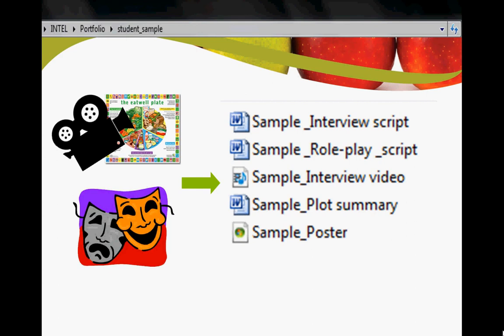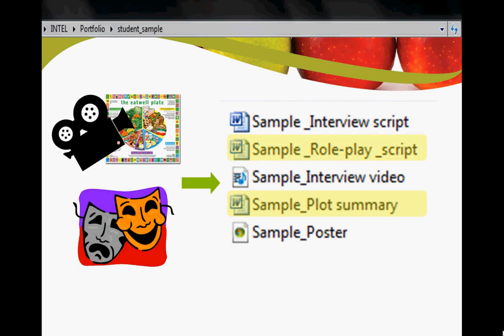There's a sample poster for the poster project, and there are even a sample plot and sample script of a scene for the role play. This will help the students to get an image of what they are required to do, but at the same time it would not limit their creativity and imagination.